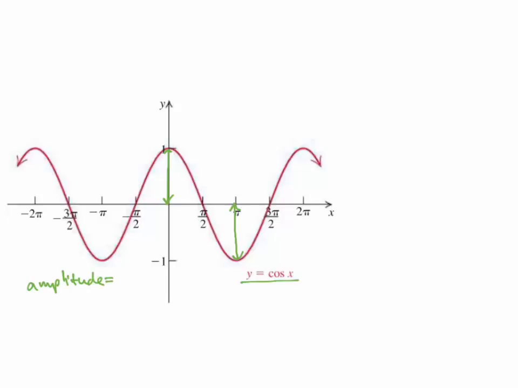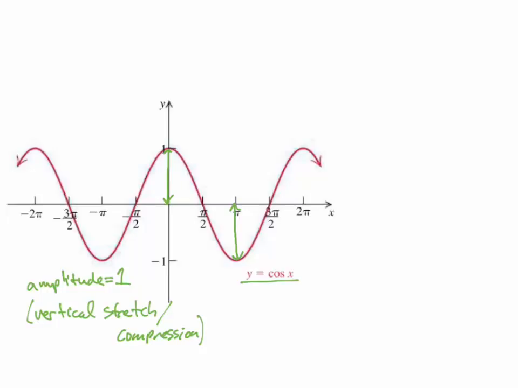We can think of the amplitude like a vertical stretch or compression, and we'll see how this relates back to what we saw with any vertical stretch or compression for any other function.